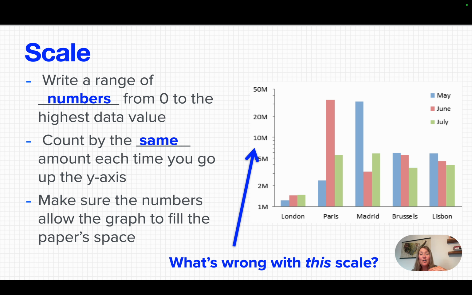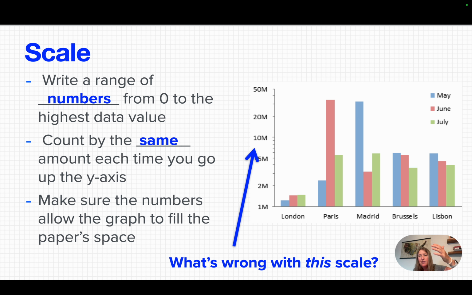Or it could go 0, 5, 10, 15, 20, 25. Or it could go by 3: 0, 3, 6, 9, 12. As long as you count by the same number, it could even go by 0.5: 0, 0.5, 1, 1.5, 2, 2.5, 3. And make sure the numbers allow you to get your highest number at the top.